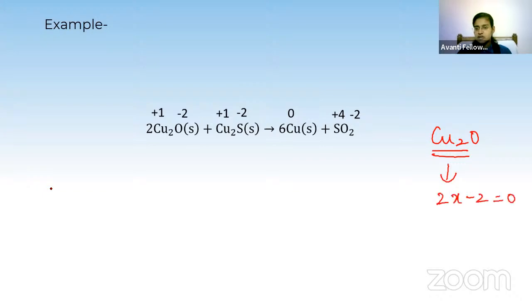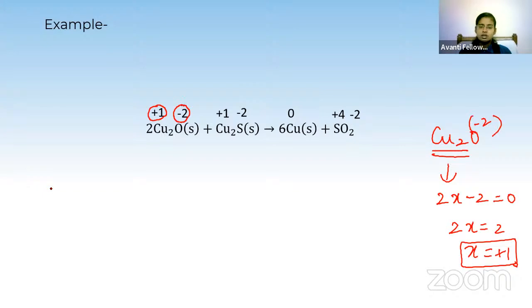Each oxygen carries a -2 charge, and since we have 2 copper, I have taken 2x. So 2x = 2 and x = +1. The copper oxidation number is +1, and we all know the oxygen oxidation number is -2. Here also it is +1 for copper and -2 for sulfur.